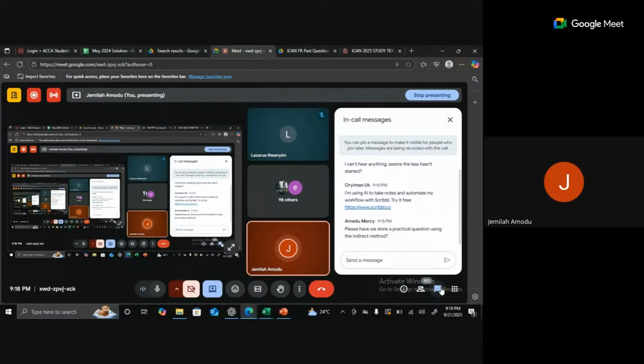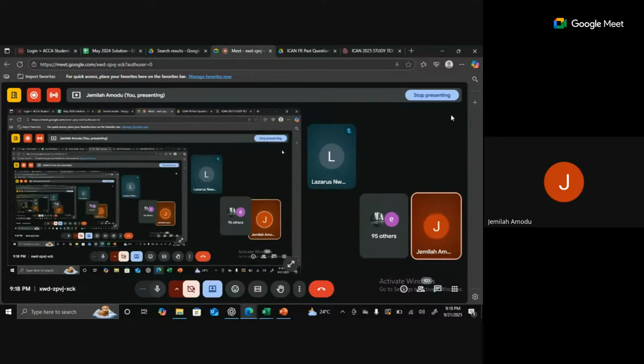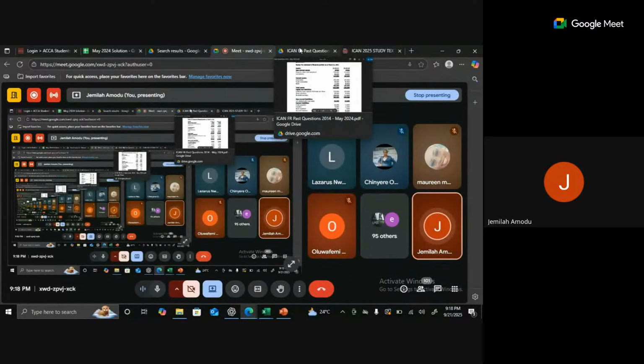Please, have we done a practical question? Yes. The question we solved before was the May 2024 one, right? We solved it using the direct method, which is what I just explained. So it's left for you now to solve as many questions as possible. Regardless of the number of courses you're taking, if you know you've already understood cash flow, don't leave it.